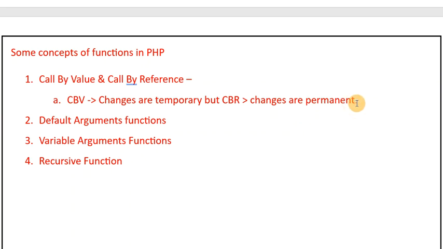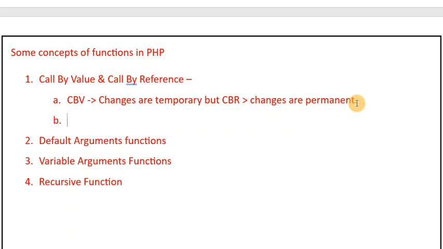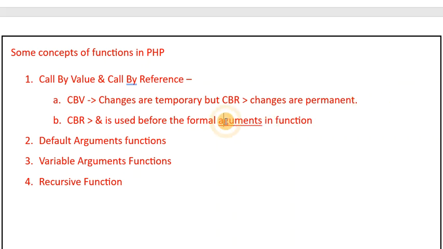Another difference: in call by reference, ampersand is used before the formal arguments in the function. So these are the only two differences. This is what call by value and call by reference are.